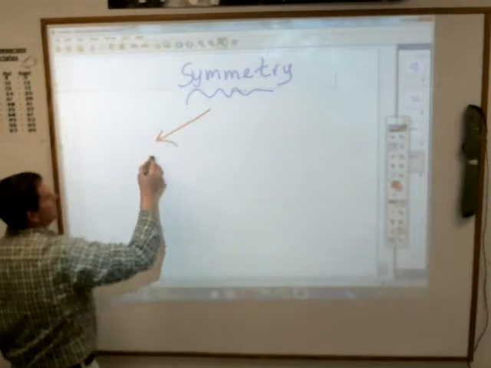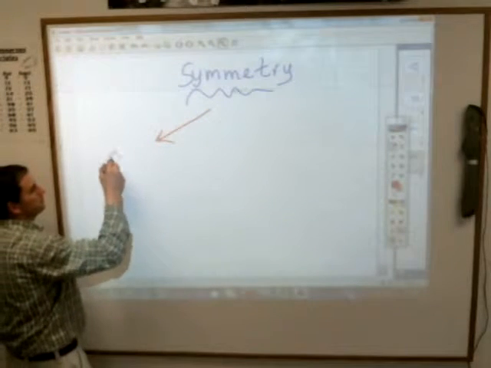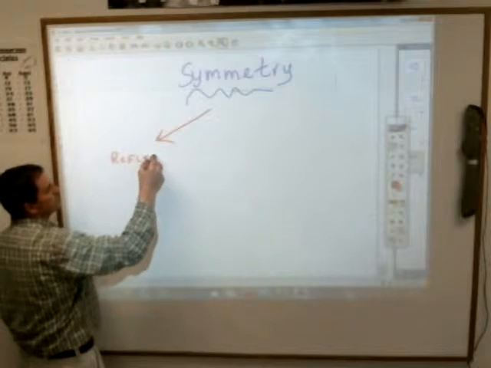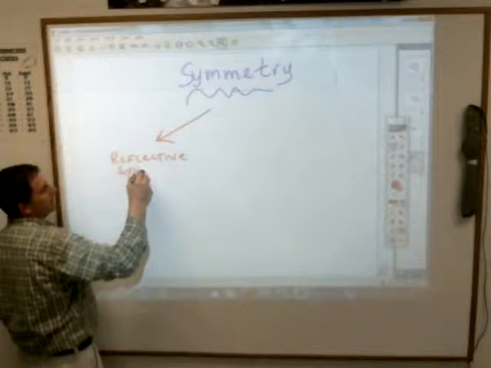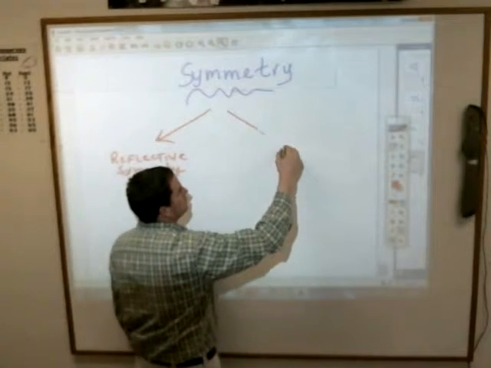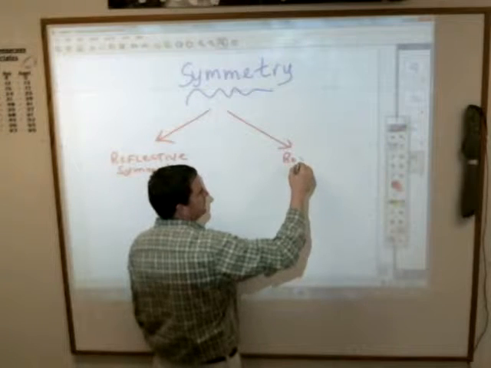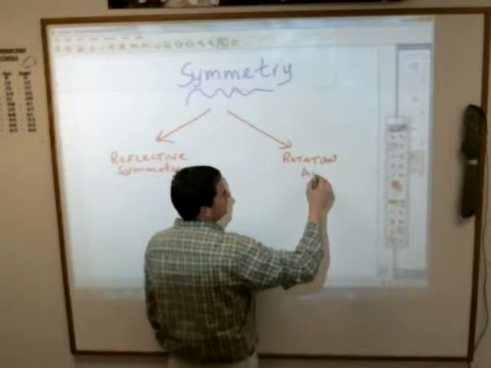Different types. One of them is reflective symmetry, and the other one is called rotational symmetry.